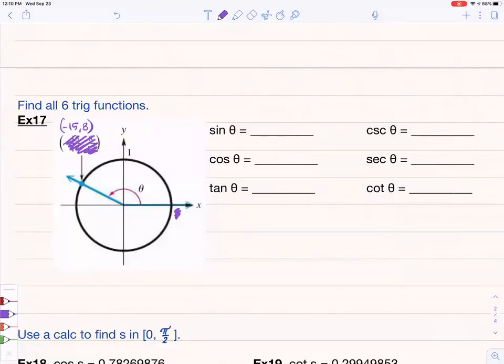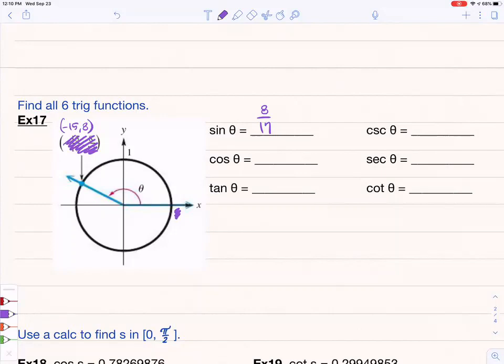Or just 8? Juan, why are you getting 8 over 17? And why do you know 17 is your R? How'd you get that? Pythagorean theorem.